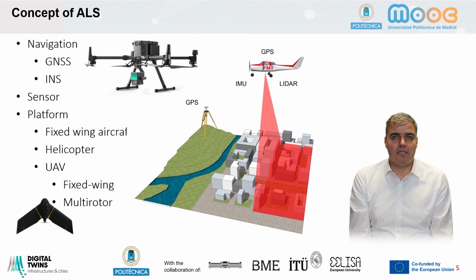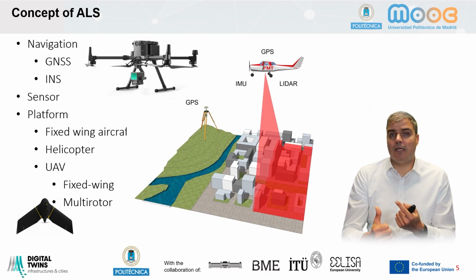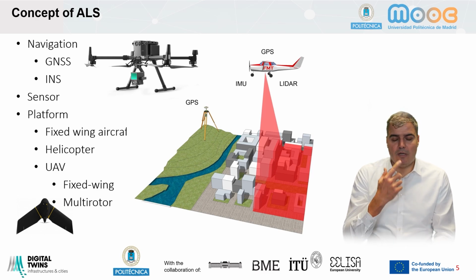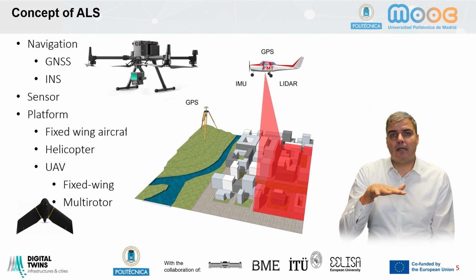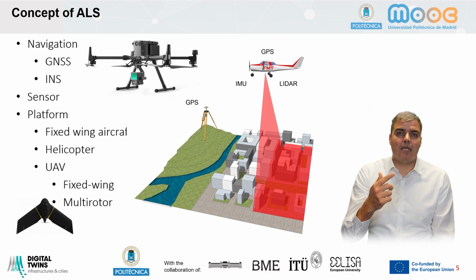So obviously we have the sensor, in this case laser scanning, and the platform, which can be a fixed wing aircraft, a helicopter, or a UAV, which can also be a fixed wing UAV or a multi-rotor UAV. Obviously there is a main difference, for example, in the payload. In case of a fixed wing aircraft, we can carry more load, and we can travel farther because the rotors do not give the uplift force.